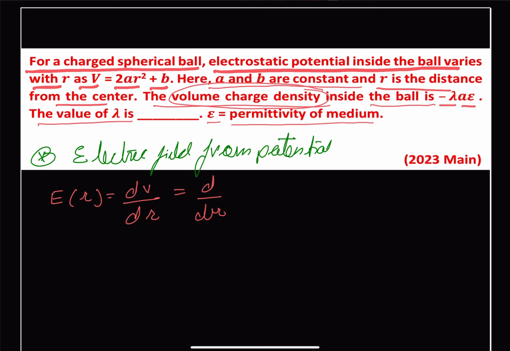The derivative of 2a r square plus b comes as 4a r, and I forgot the minus here, so it is minus 4a r. Now we can use Gauss law.